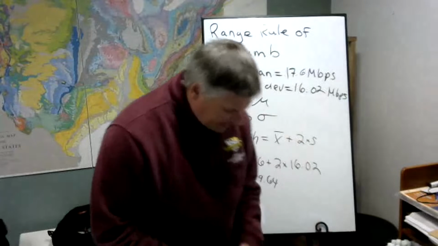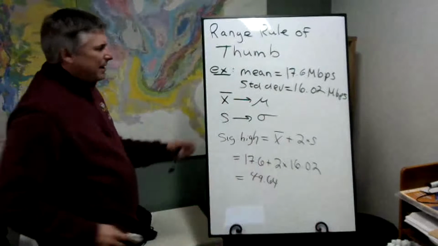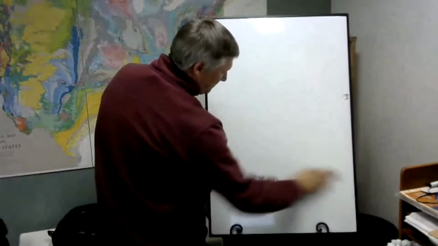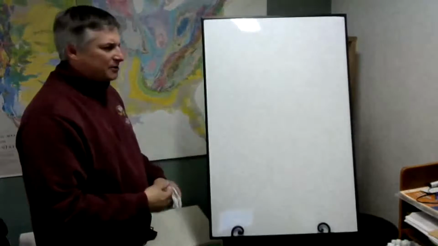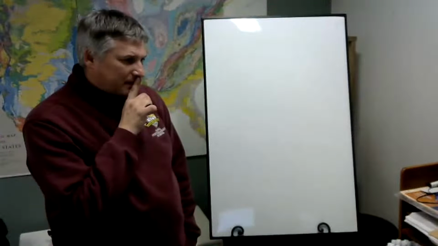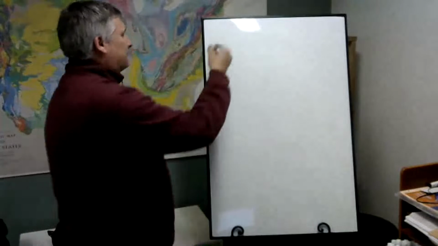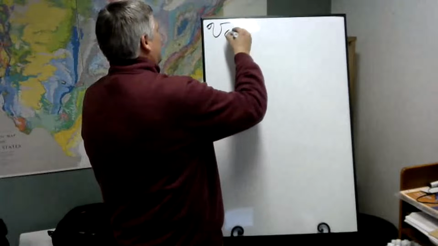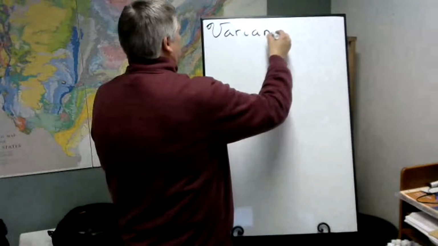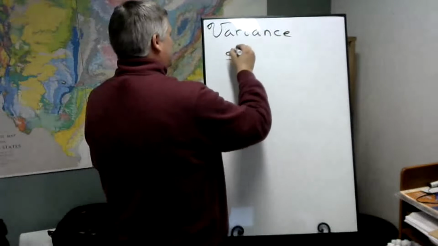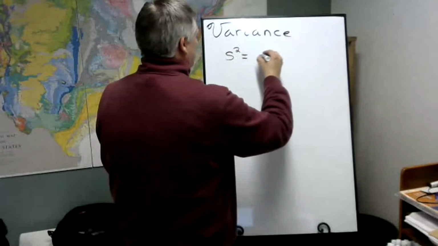Just some things to mention about this population value versus the sample value. It looks like bad news for the standard deviation, but there is an alternative where we don't have this problem. It's called variance. Variance is where we square the standard deviation.